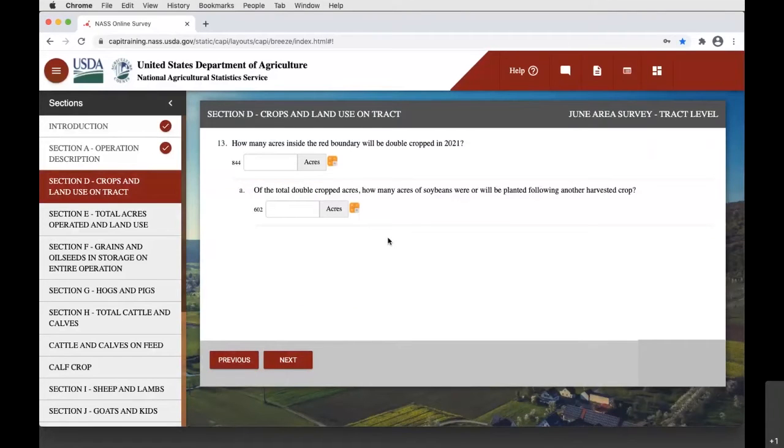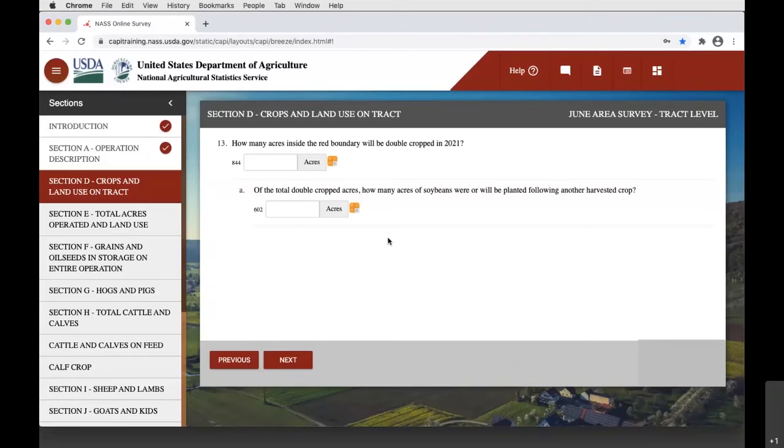I might then ask how many acres are going to be double cropped. This question has actually changed from the way it was asked in 2019. It used to be the case that we wanted this box to account for acres where there were 2 crops planted in the same field, like winter wheat followed by soybeans, even if the wheat was not harvested, or 2 uses of the same crop, like when you can get 1 cut of dry hay and 1 cut of haylage from the same field.